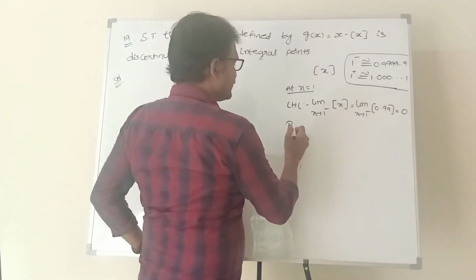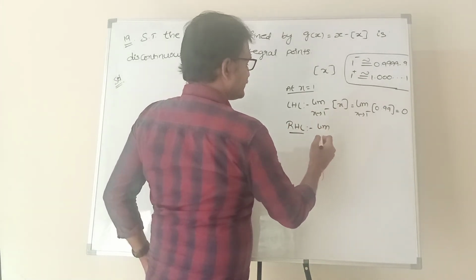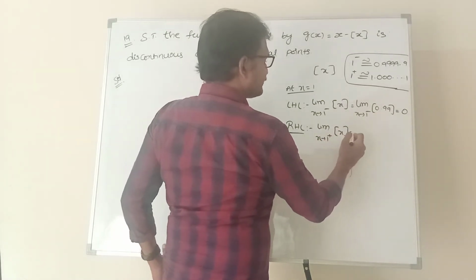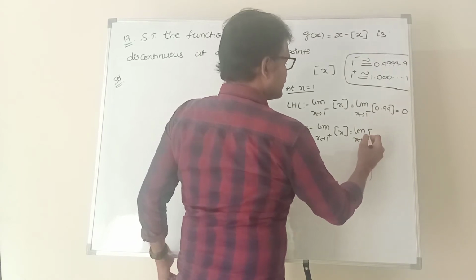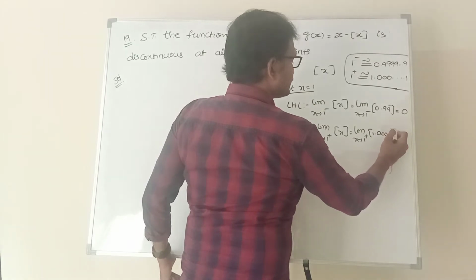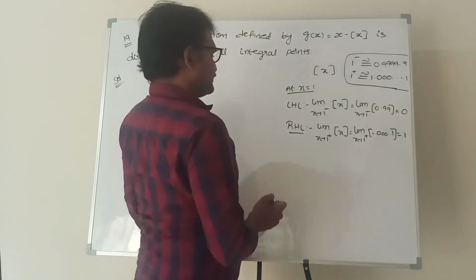Similarly, what is the right hand limit value? Limit x tends to 1 plus of step x is 1.000 and so on 1. So step of 1.0001 is 1.